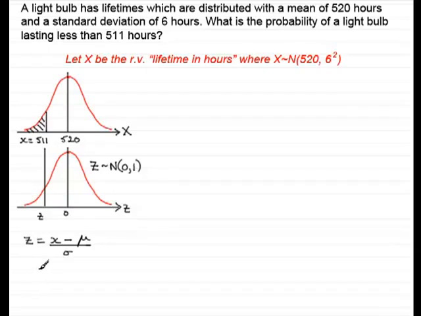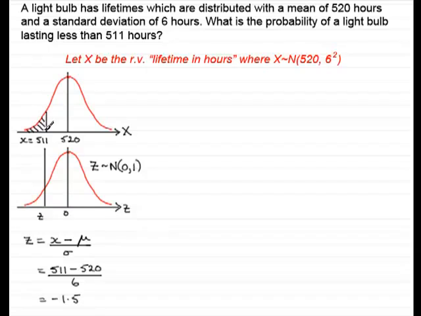So if I work this out, we have that the observed value is 511 minus the mean mu, which is 520, all divided by the standard deviation sigma, which for this example is 6. And if you work that out, what you find is that z is minus 1.5.